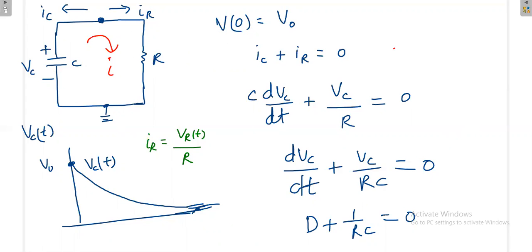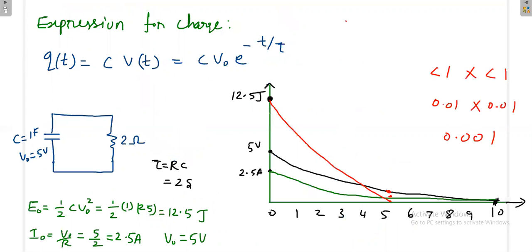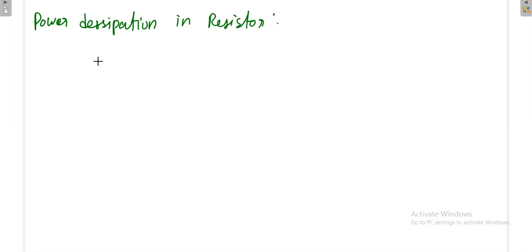What is that power dissipation? Again, the power dissipation in the resistor is not a constant quantity, it is time varying, because the current is varying with respect to time, so the power also will vary with respect to time.